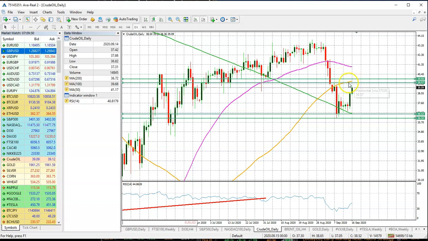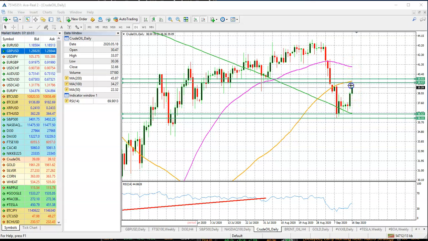But if the price clears its 100-day moving average right over here and stays above that, then what we are looking at is that the price is going to continue its journey to the upside.